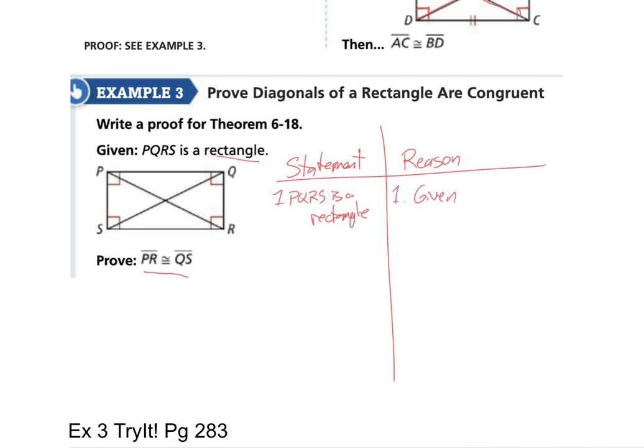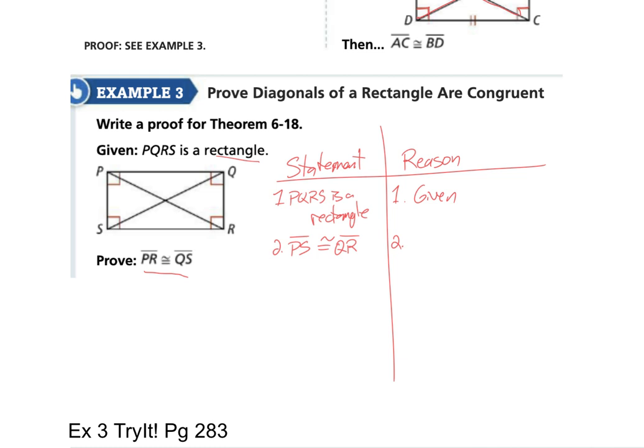Okay. Now what I'm going to do is say that PS is congruent to QR, and I'm going to reference the theorem that tells us that. A rectangle is a parallelogram, and so all of the theorems regarding parallelograms apply to rectangles as well.